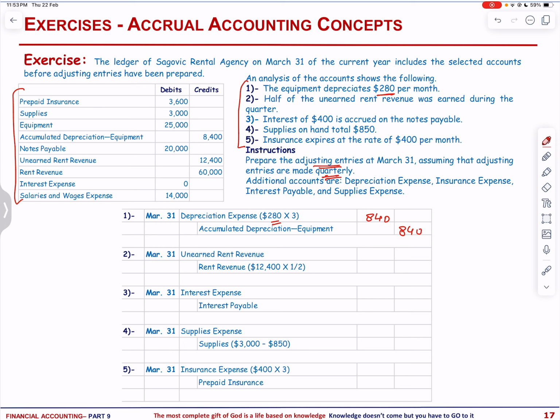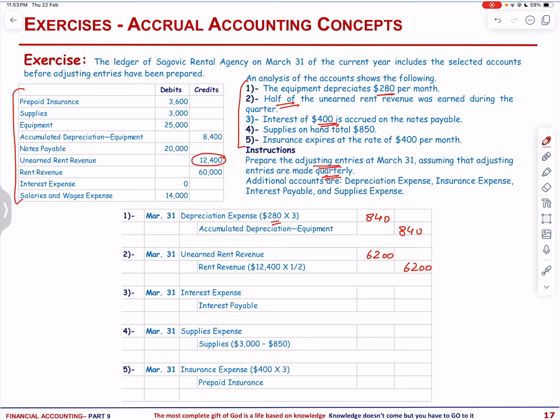Then half of the unearned rent revenue was earned during the quarter, so unearned revenue is 12,400, and half of this amount will be 6,200. So unearned revenue is debit and rent revenue is credit by 6,200. Number 3, interest of 400 is accrued on the notes payable.